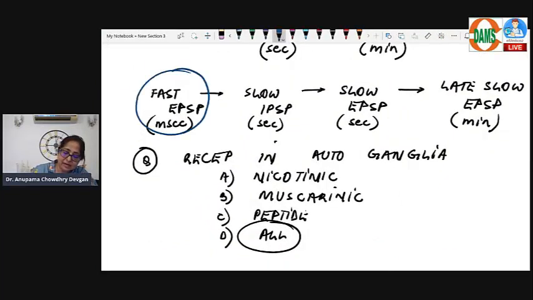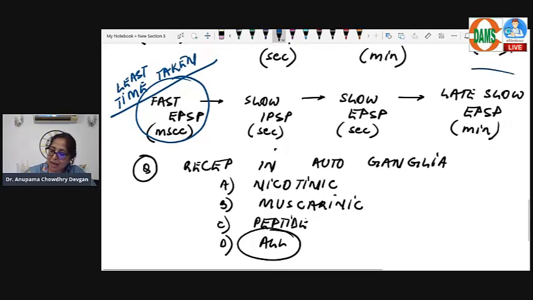Least time taken is by a fast EPSP. Millisecond is the least time taken. Maximum time is taken by a late slow EPSP. Maximum time, isn't it? A minute is more than a millisecond.